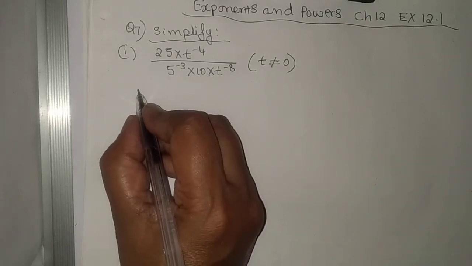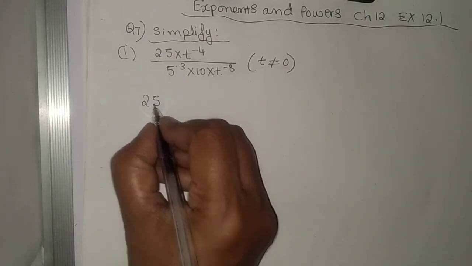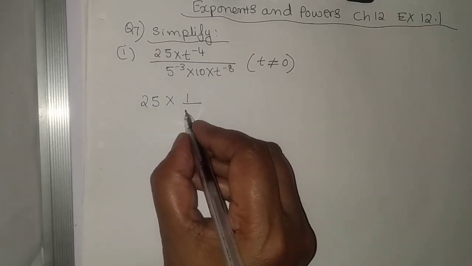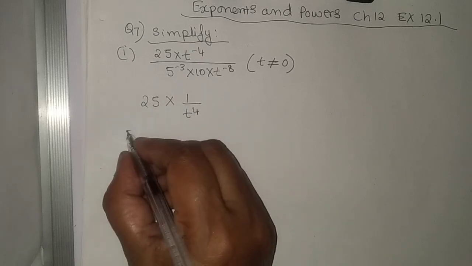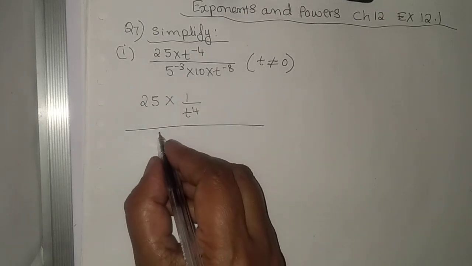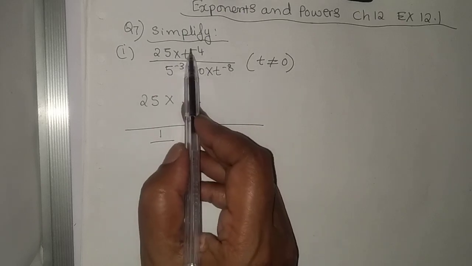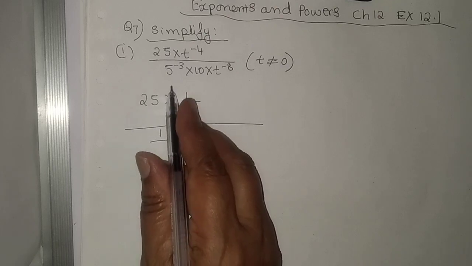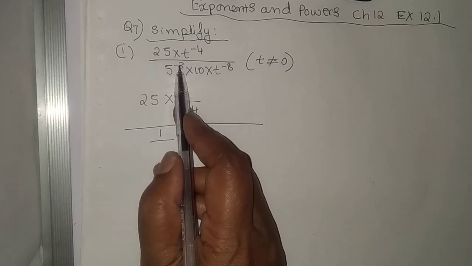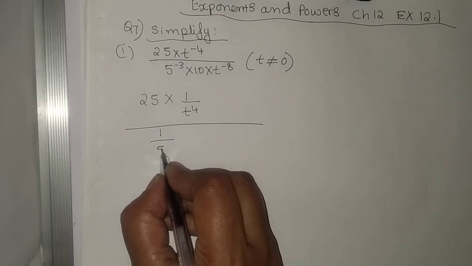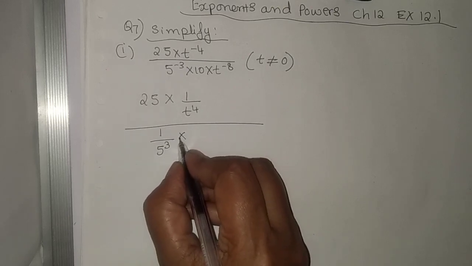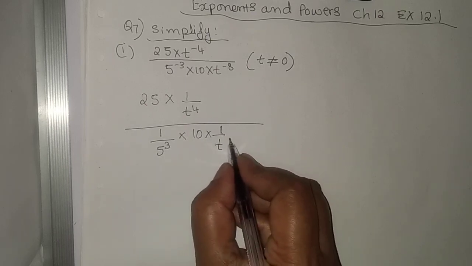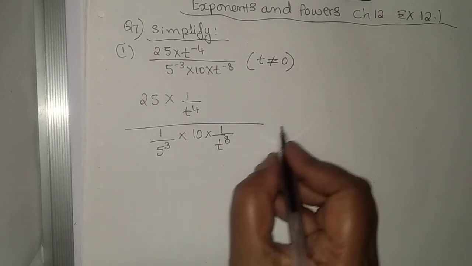We'll continue. 25 written as it is, t power minus 4 can be written as 1 by t power 4, divided by 5 power minus 3 which can be written as 5 cube, into 10 into 1 by t power 8. We are simplifying the numerator and denominator separately.